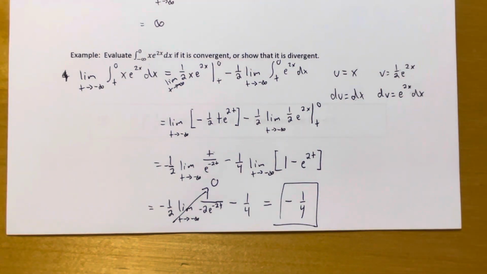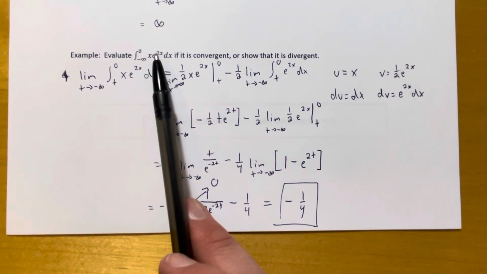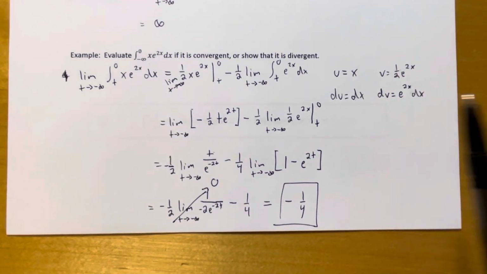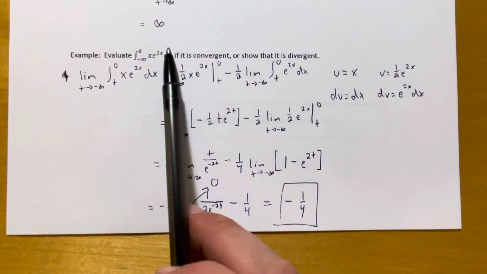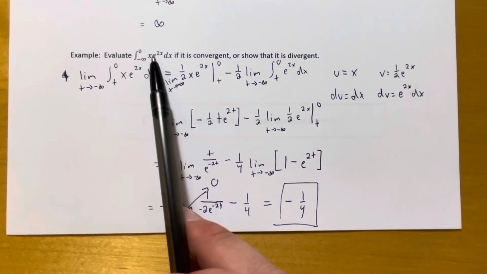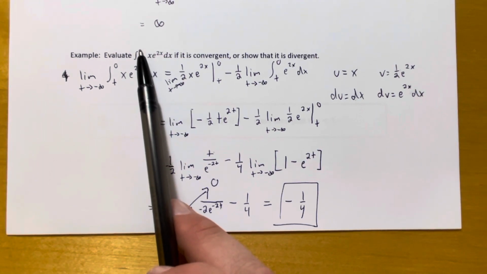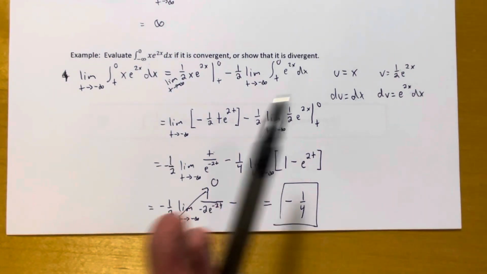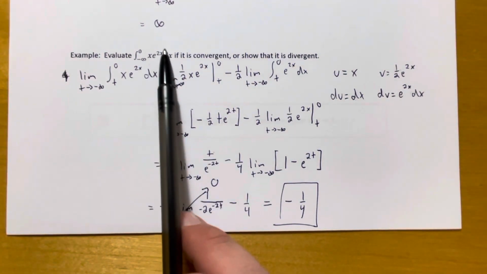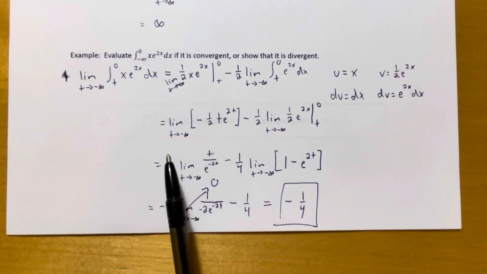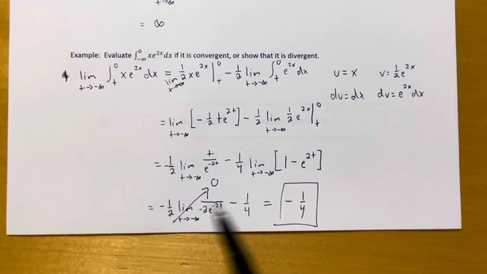So for this, if you were to graph the function x e to the 2x using a graphing calculator or Desmos or something like that, and look specifically at the part of that function that goes from 0 to negative infinity, so everything to the left of the y-axis basically, you would see that this function is completely below the x-axis, which means all of that area would be counted as negative.